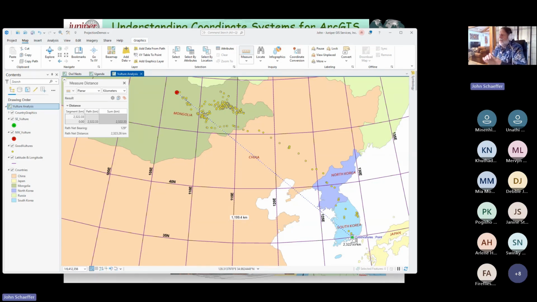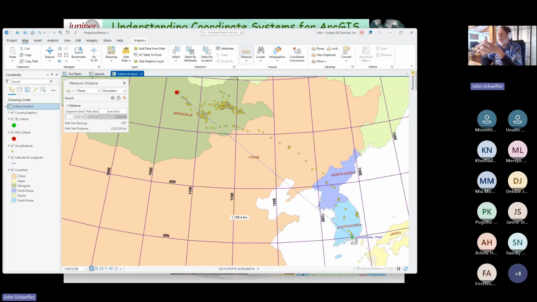So basically, I was able to design a coordinate system that made a tight box around our area of interest, and we're getting the same distance values that we were getting when we were in WGS 1984, in geodesic. So this is pretty good.